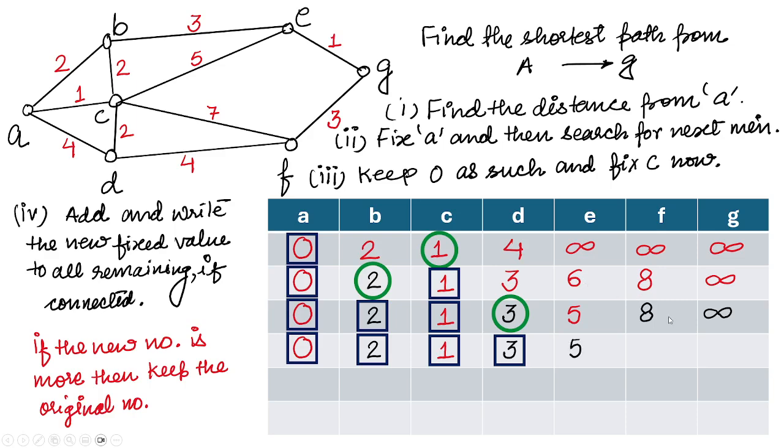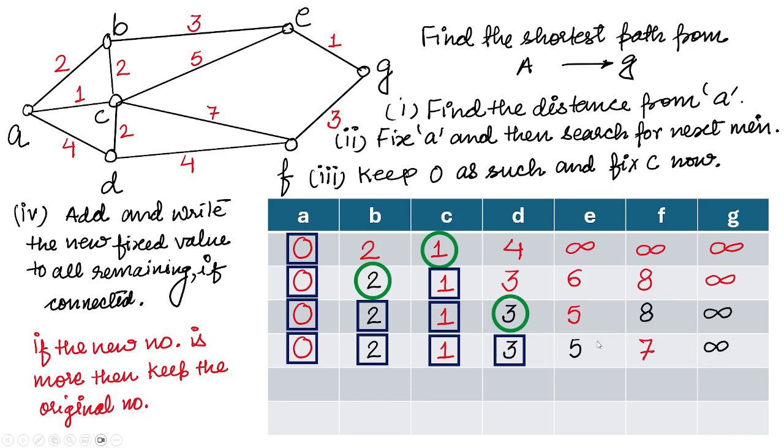What about F? F is this, D is this, the number is 4, and here it is 3. So 4 plus 3 is 7. 7 is lower than 8, so we'll be writing 7. What about G? What is the distance of vertex G from D? G is this, D is this. Oh, they are not adjacent. So therefore, we will be bringing this number as such down.